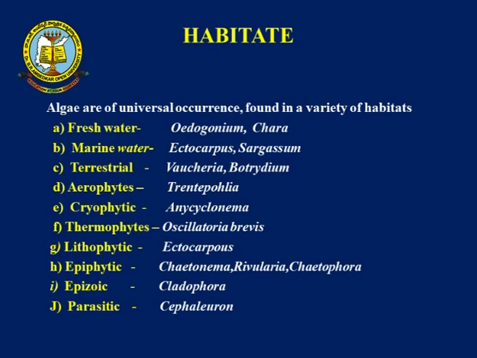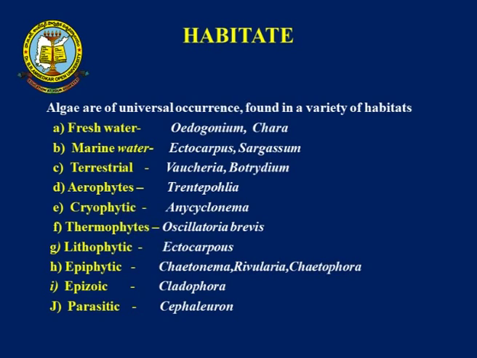In aquatic, freshwater algae are Oedogonium and Chara, and some marine algae are Ectocarpus and Sargassum. Terrestrial algae grow on moist soil, for example Vaucheria and Botrydium. Aerophytes can be present in air, for example Trentepohlia. These aerophytes get water from the air.